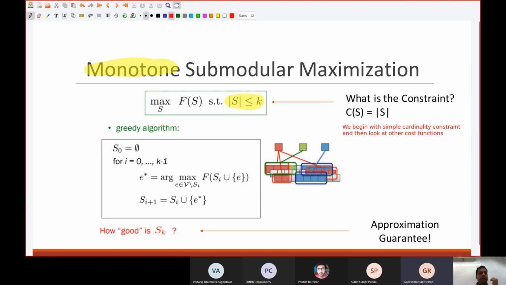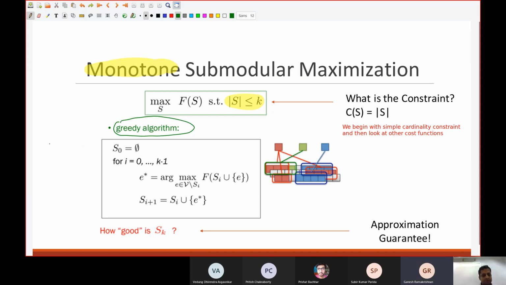Okay, so the greedy algorithm, the simplest of the lot, is as follows. You say E star is argmax of all the elements E which are not in the currently populated set Si. You begin with S0.